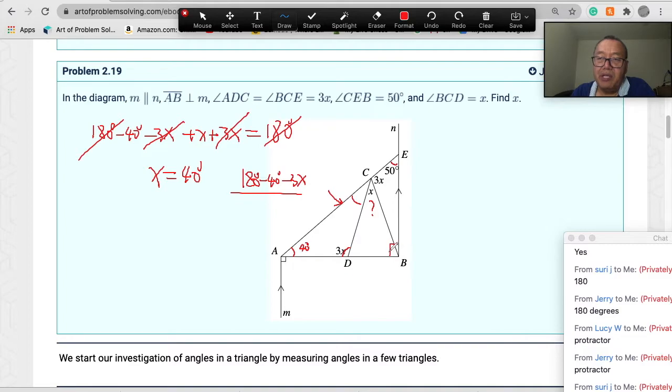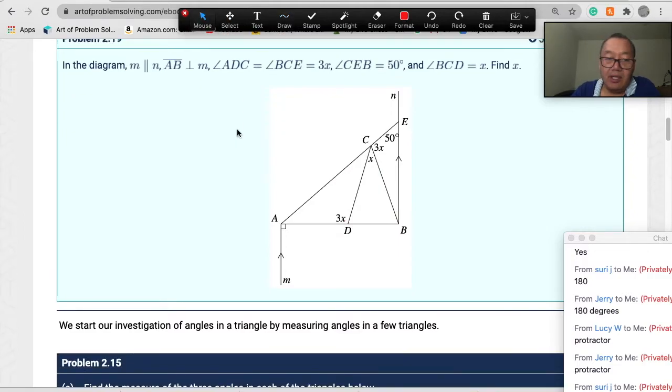Then you can immediately write down this angle also equals 90 degrees. Then in triangle ABE, this will be a right triangle, so angle A equals 40 degrees. Then in triangle ADC, you can express angle ACD as 180 minus 40 degrees, then minus 3x. Then plus x plus 3x, you should get 180 degrees again. Then solve this equation, and you get x equals 40 degrees.